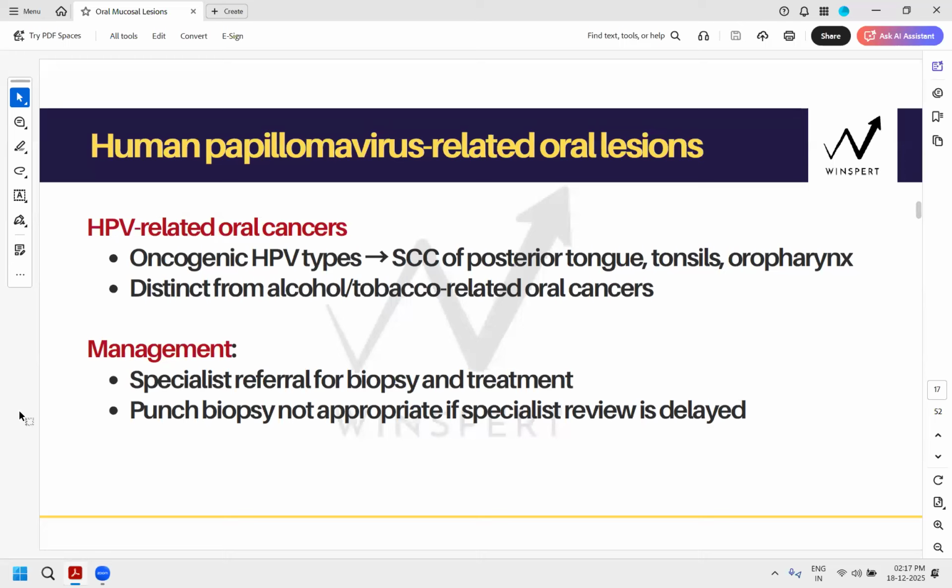HIV is also sexually transmitted. HPV is also sexually transmitted. What is any other condition that is also sexually transmitted? HSV, right? Syphilis also. So they are the indicators for HIV testing. Does that make sense now?